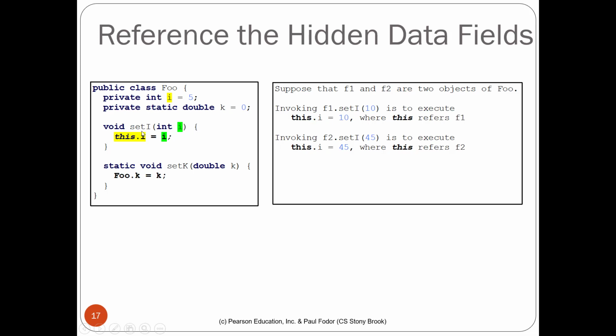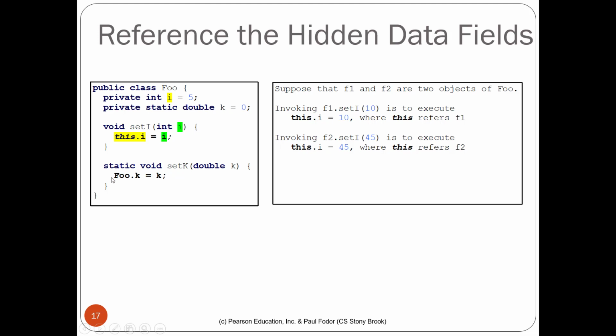And the impact would be that this.i means the instance variable i. Its value should be set to the i right here. Alright, so that's where the keyword this is very handy.